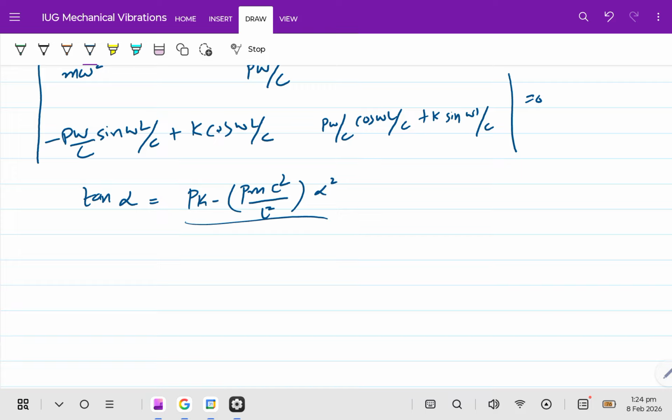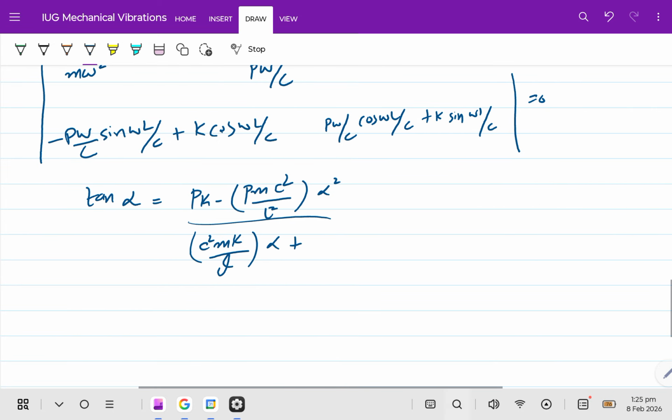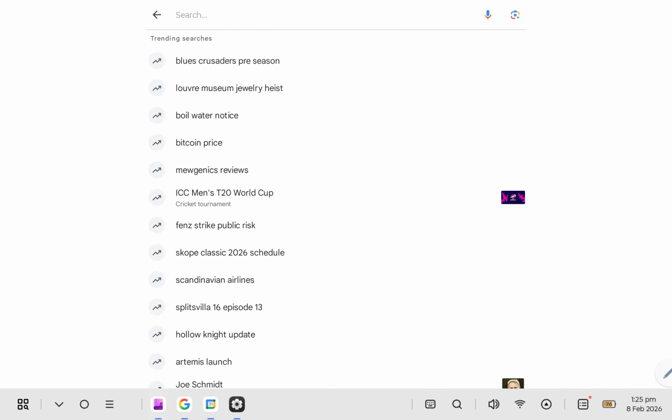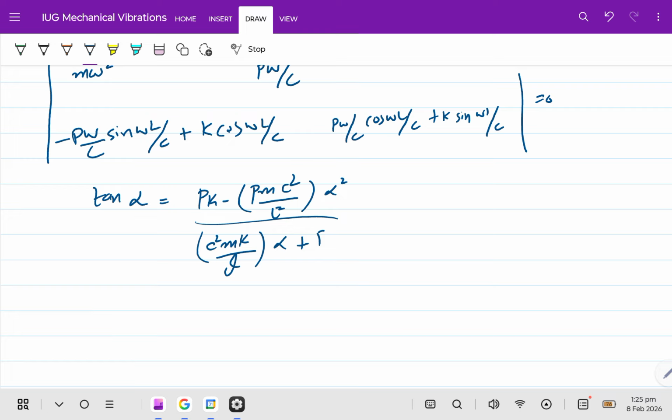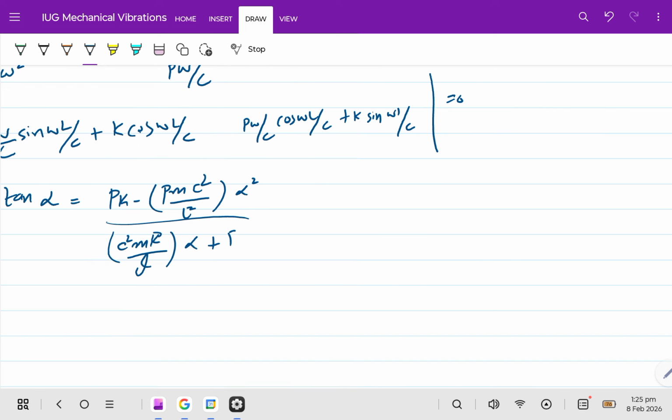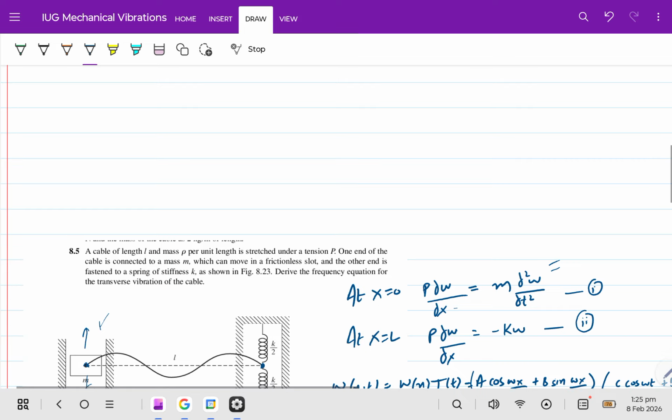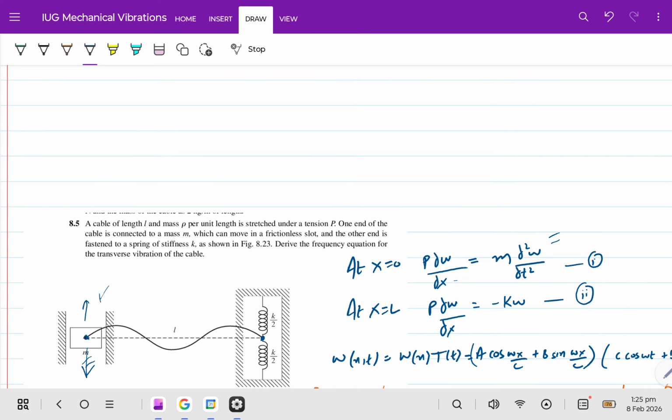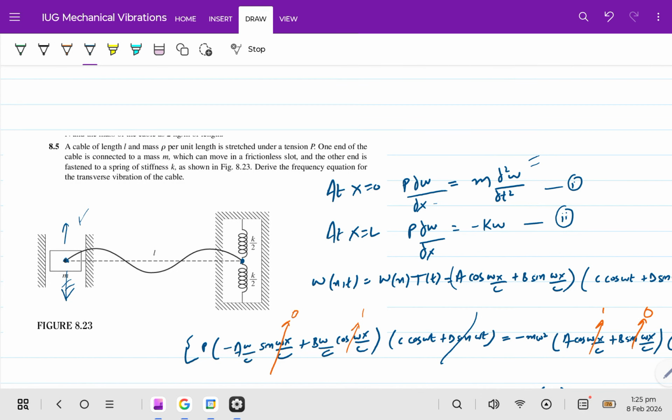Alpha we have defined last time. C square mk over L is whole into alpha plus P square C over L whole into alpha. So you will have this kind of expression after you solve this one. So this is how you can find the frequency. That's the frequency equation for the transverse vibration of cable in such conditions.